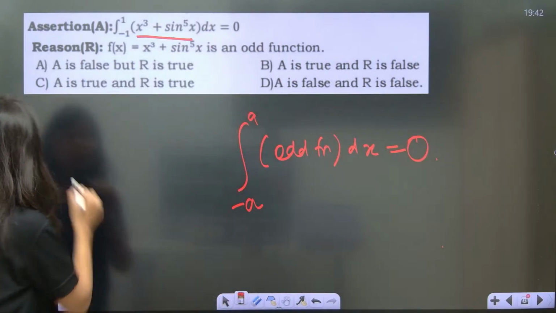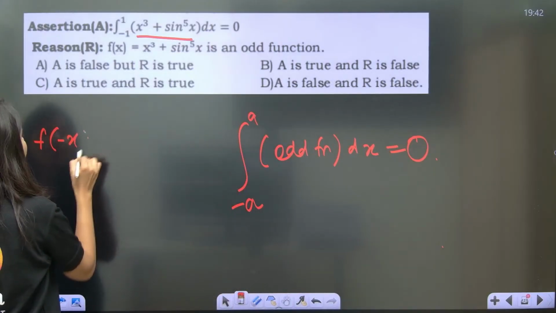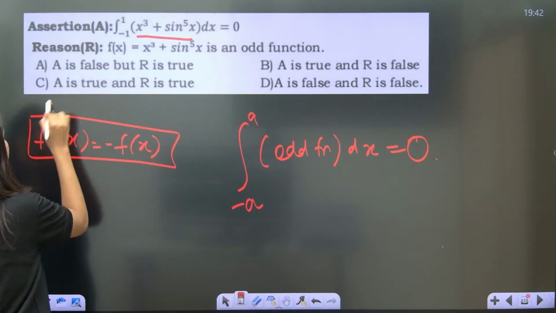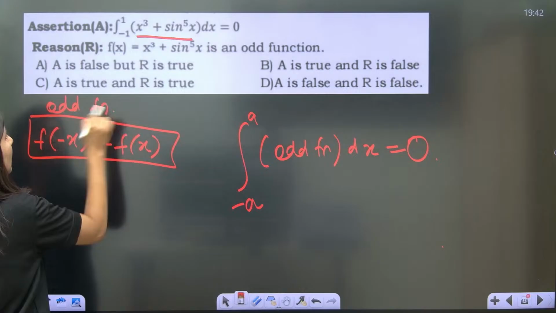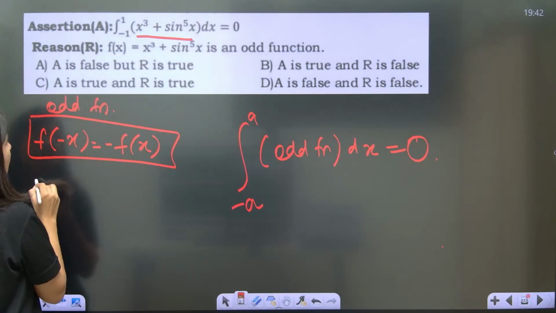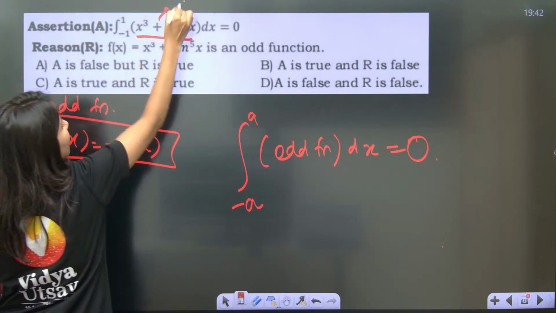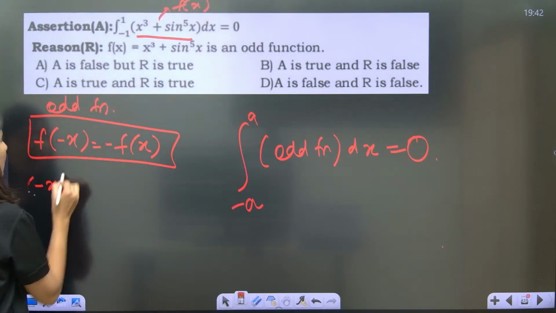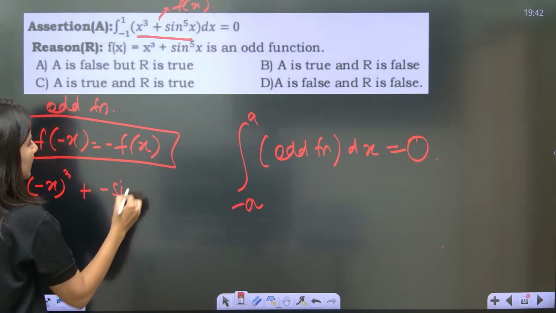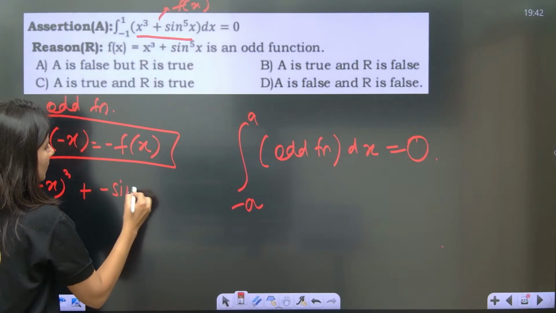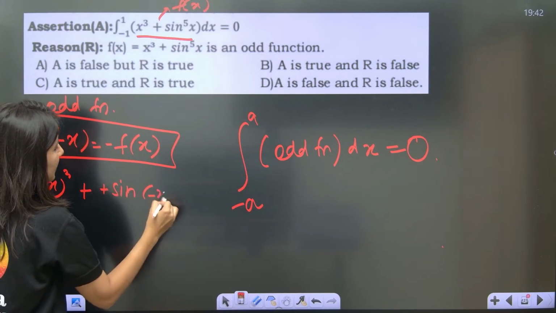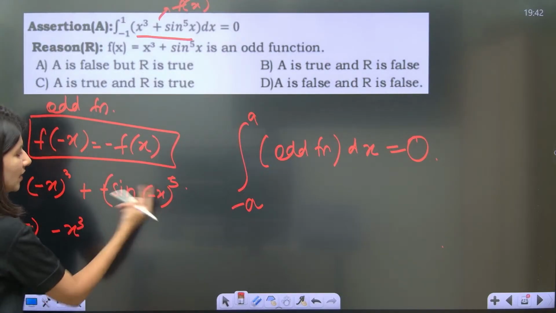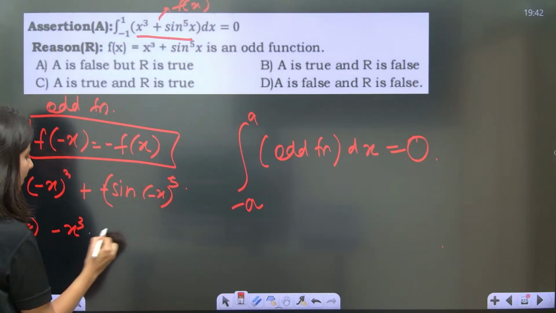Let me remind you what is an odd function. For an odd function, f of minus x is equal to minus f of x. This is the condition of an odd function. So suppose this is f of x. What is f of minus x? Minus x whole cube plus sine of minus x power 5. This is minus x cube, and sine minus x power 5 is again minus.